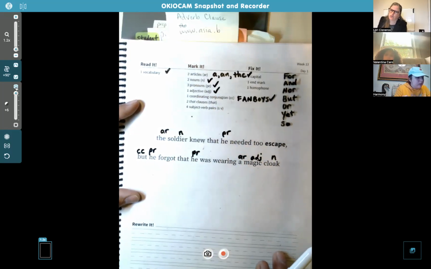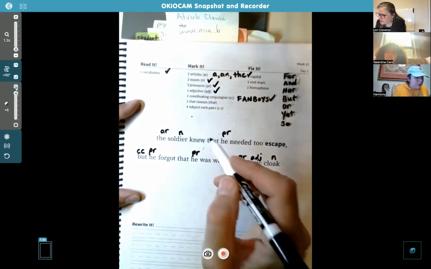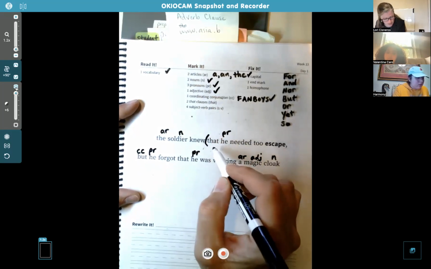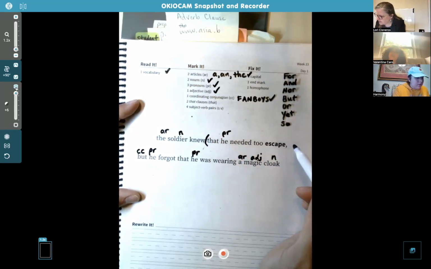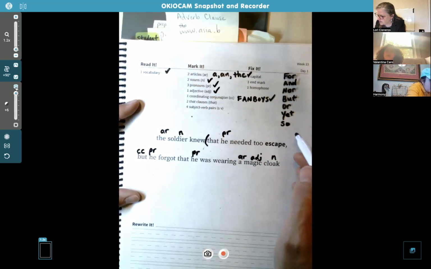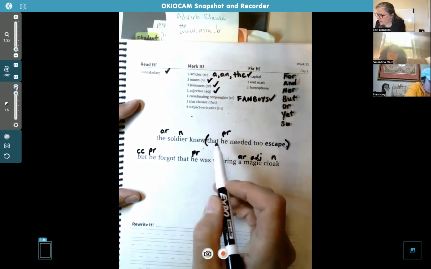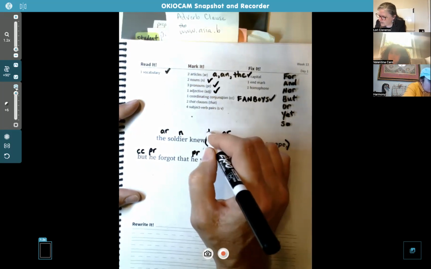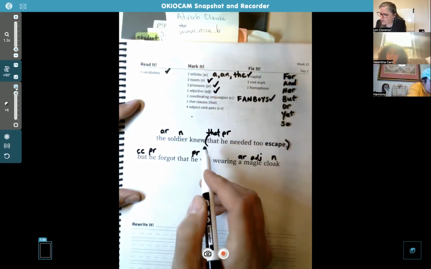And then the next one is that clause. There's two of them. So Valentina, where are the that clauses? Do you remember? There is one right after knew. Okay, so what is the whole clause though? That he needed to escape. Correct, good. So go ahead and put that in parentheses, and then we're gonna write the word that on top of that.